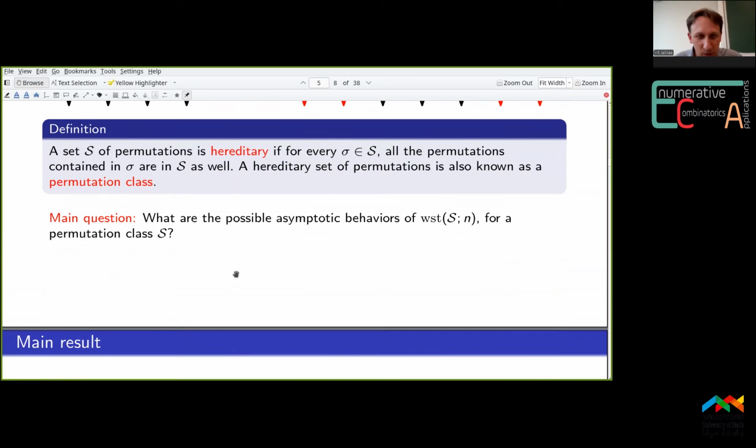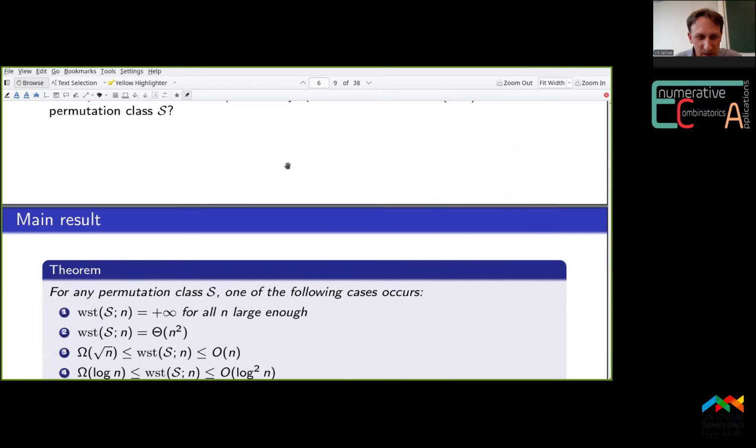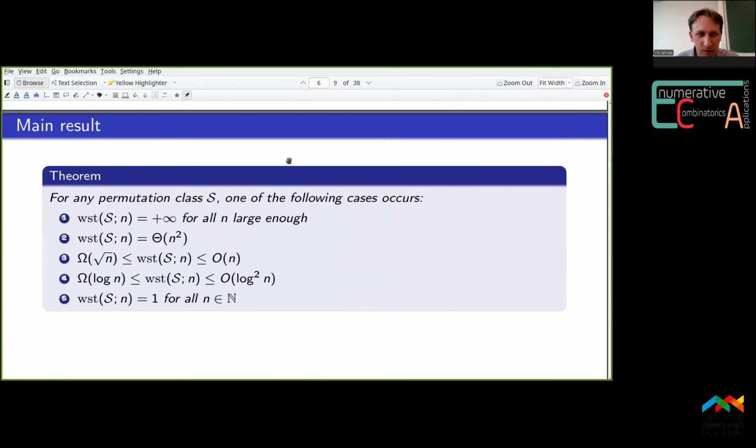And I will not leave you in suspense for too long. This is the answer to the question, or at least the answer as we have it at this point in time. So for any permutation class, there are 5 possibilities that may occur.